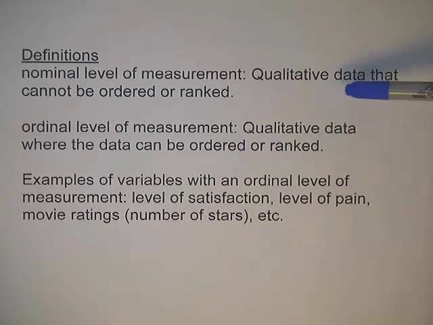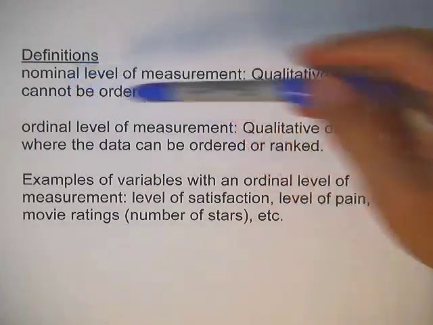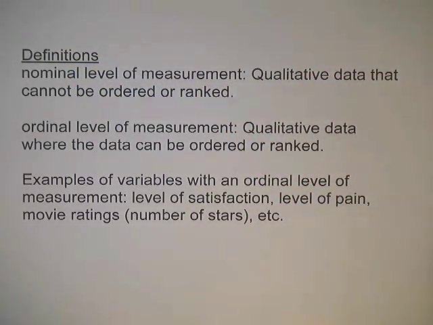Almost all of the qualitative data that we've looked at has been nominal. The shot hand is going to be nominal. You can't really order or rank that. So shot hand would be nominal. Birthplace would be nominal. We looked at occupation. Occupation is nominal.